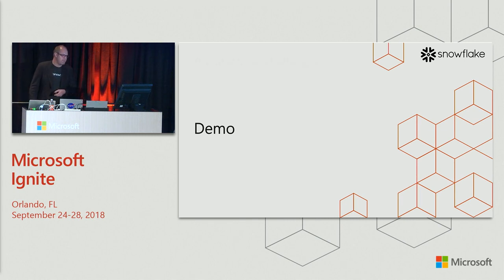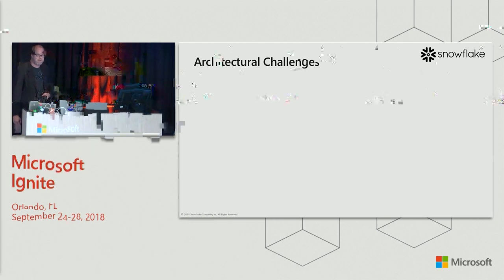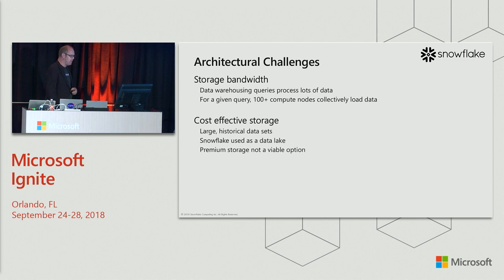some slides to just talk a little bit about the architectural challenges that we face when building Snowflake on Azure. The first one, which hopefully has become clear by now, is storage bandwidth. As we fire up huge compute capacity, we need to make sure that we can pull massive amounts of data at speed from Azure Blob Storage into our compute layer.